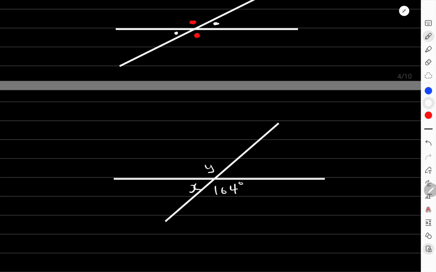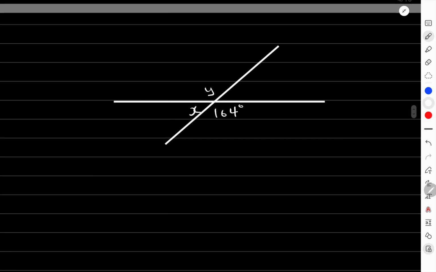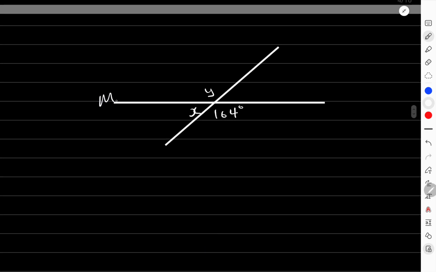I'm going to add another angle here later on. If I'm given M, L, N, R, these are my lines. I have a vertex here, that is where two or more lines meet. I'm required to calculate the value of x and the value of y.